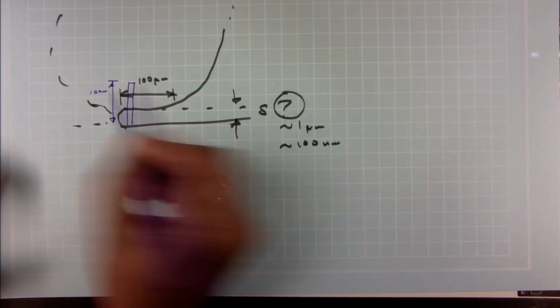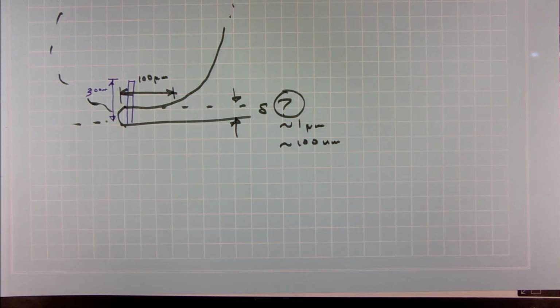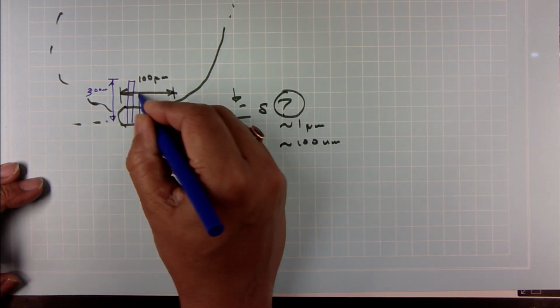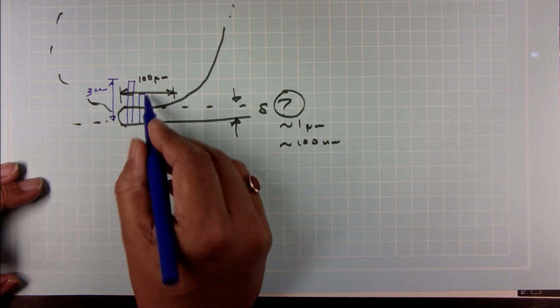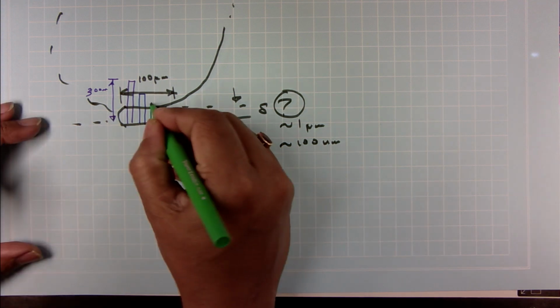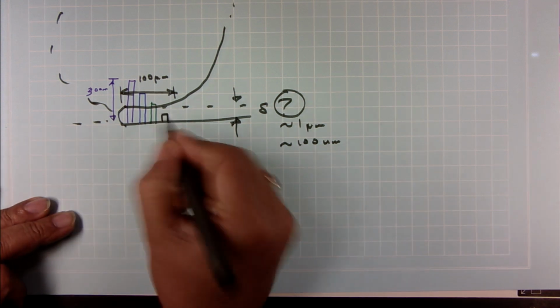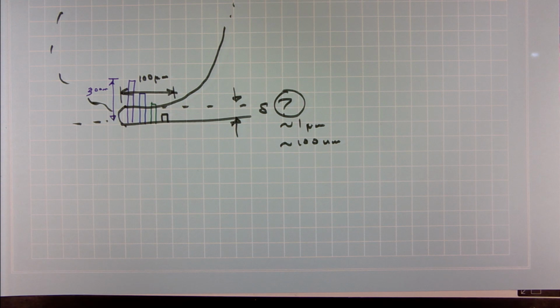I am sorry, let us say this is 300 nanometers high. I have one fin which is 250 nanometers high, and then I have one fin which is 100 nanometers high, and I have one fin which is 10 nanometers high. Well, the 10 nanometer guy is not giving me much of an enhancement.